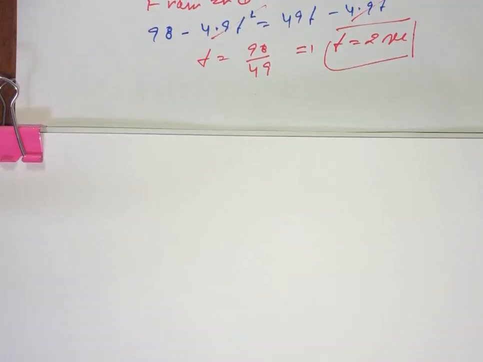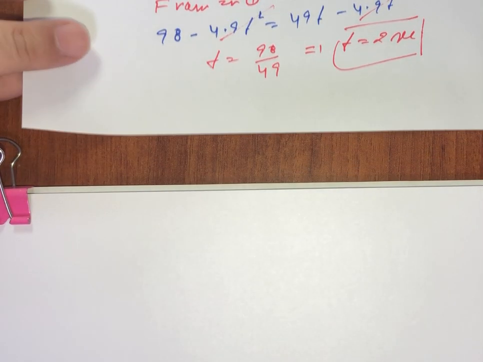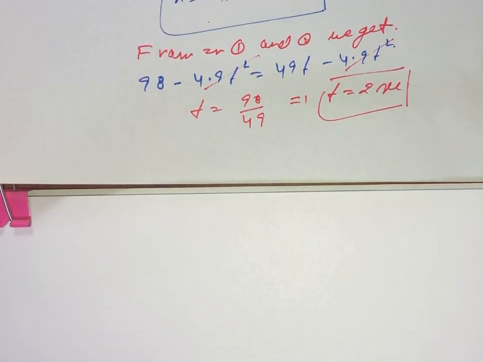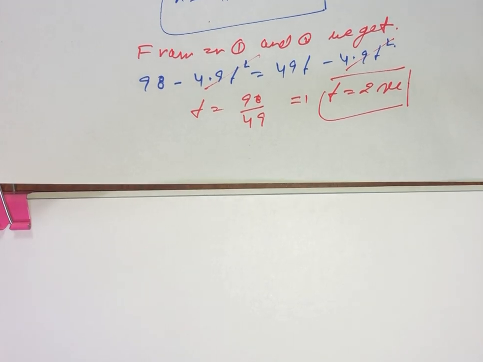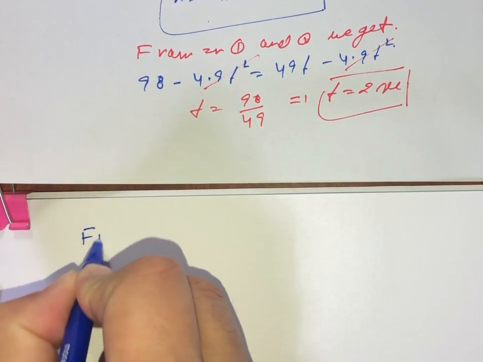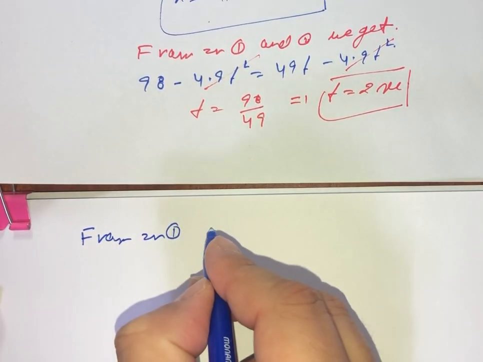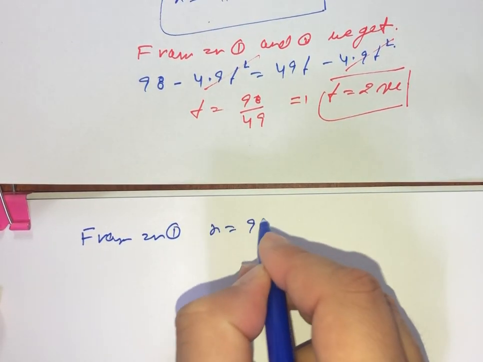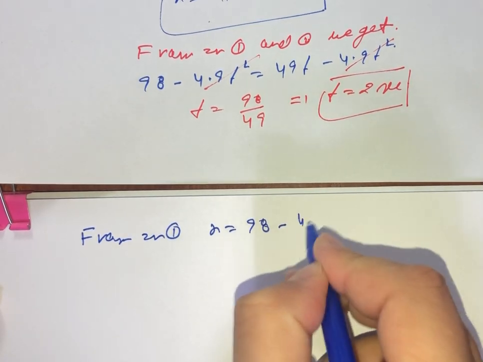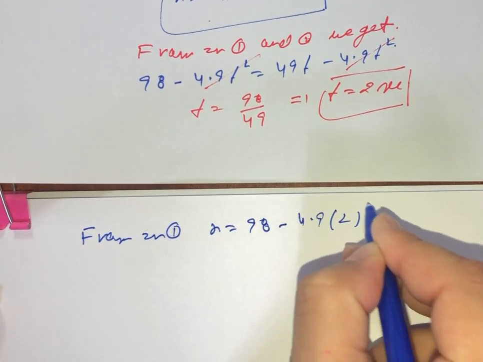And based on this we can find out our x. So from equation 1, x is equal to 98 minus 4.9 times 2 square.